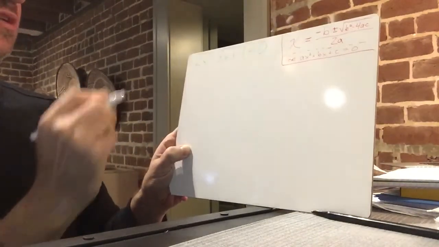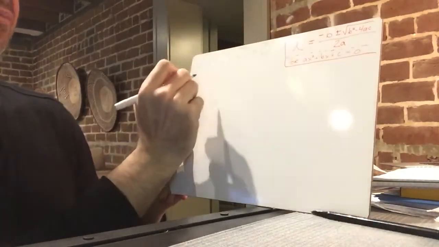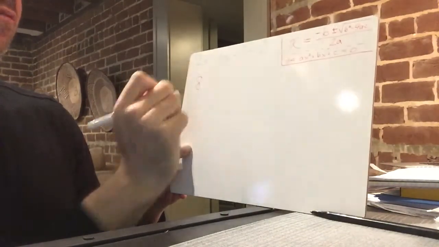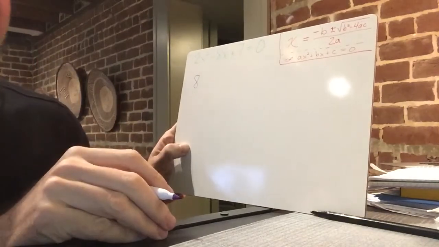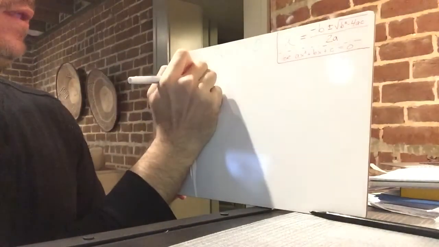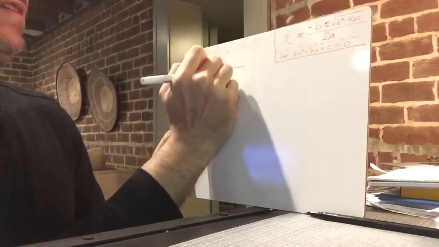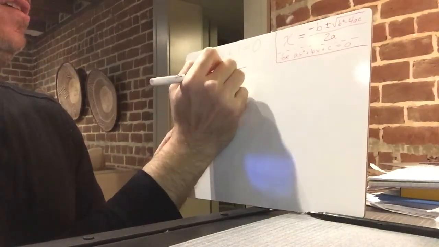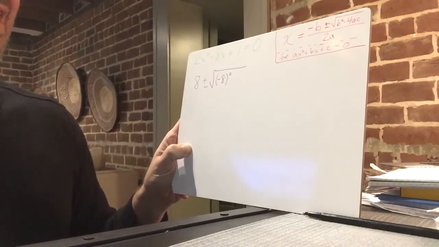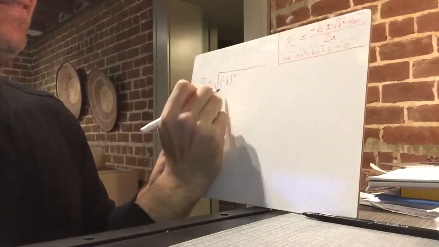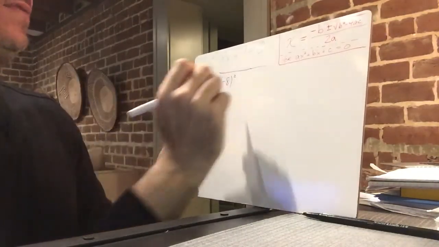Negative b, we can just put 8, because negative of negative 8 equals 8, plus or minus the square root of negative 8 squared. B squared is always going to be positive, right? Negative 8 times negative 8 is positive 64.